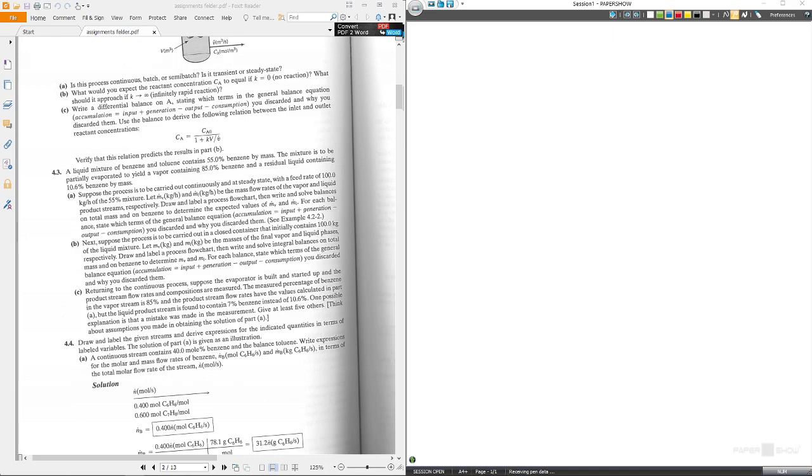We're told that we have a mixture of benzene and toluene that enters an evaporator, and we basically get a stream of vapor and a residual liquid. So how would you draw that? We have a stream into a reactor, and we have a top stream and a bottom stream.